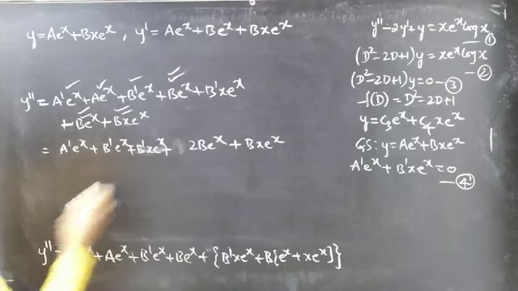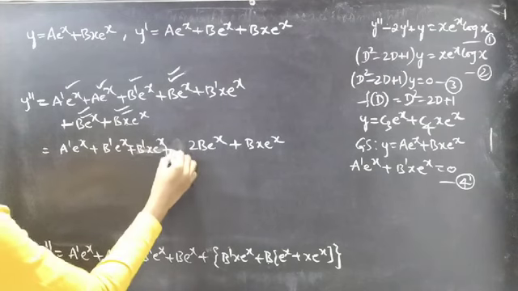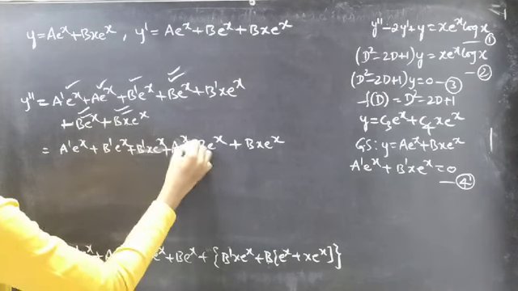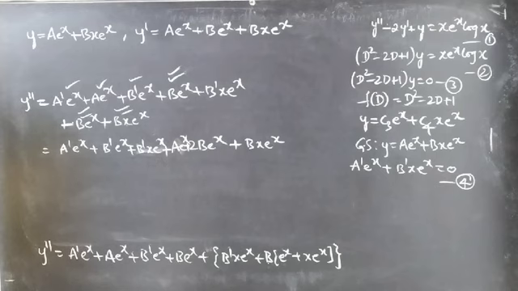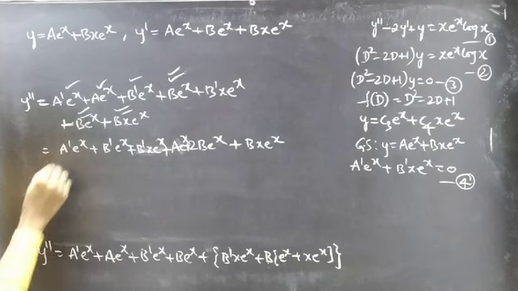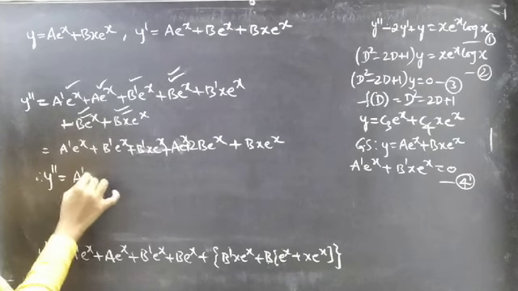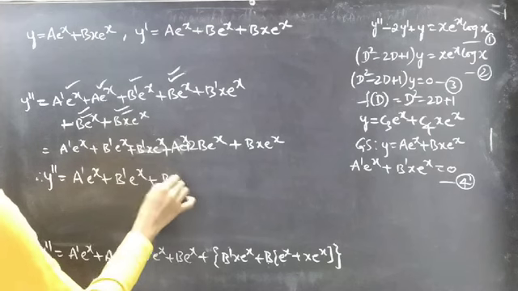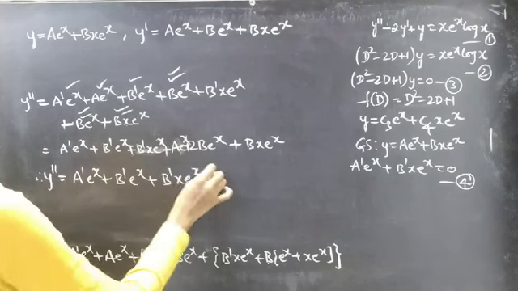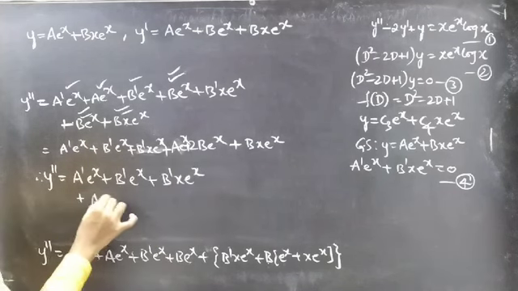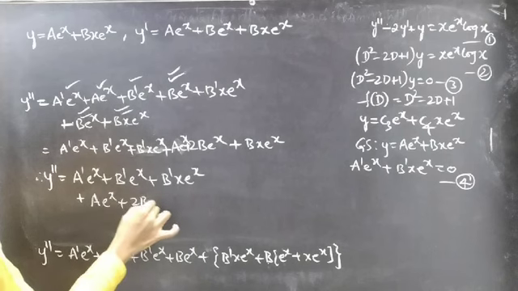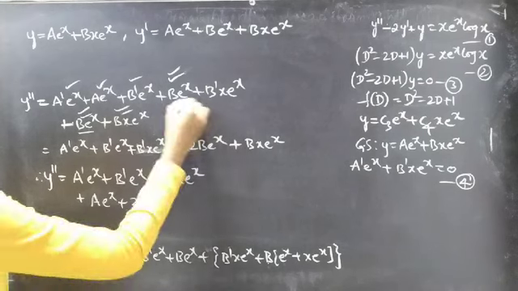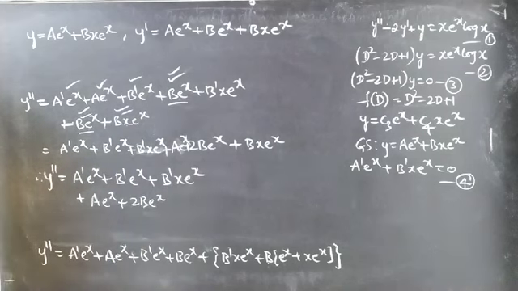Plus a e power x plus 2b e power x plus bx e power x. Therefore, y double dash equals a dash e power x plus b dash e power x plus b dash x e power x plus a e power x plus 2b e power x. b e power x plus b e power x is 2b e power x.